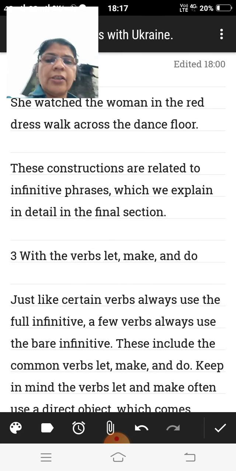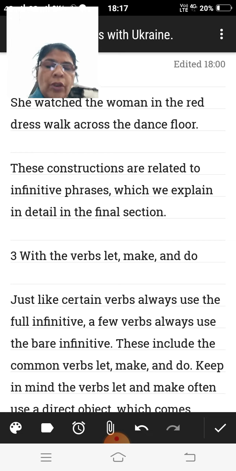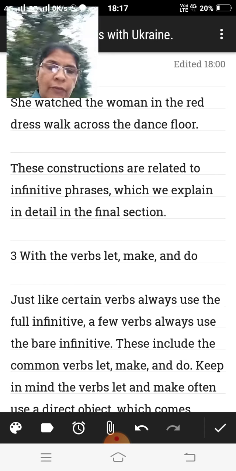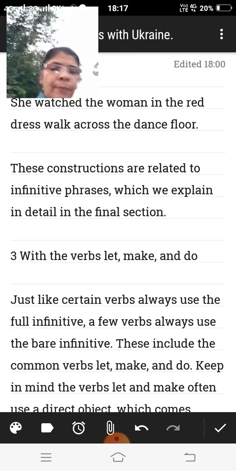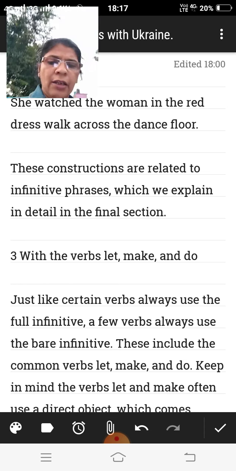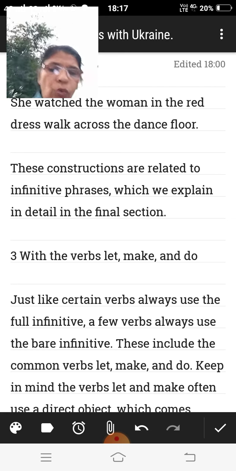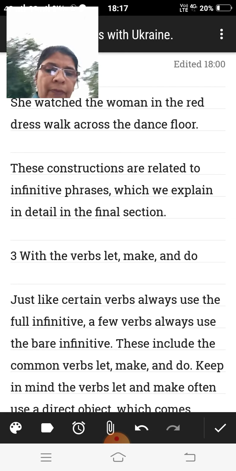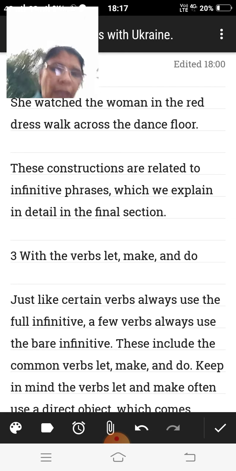With the words let, make, and do. Just like certain verbs always use the full infinitive, a few verbs always use the bare infinitive. These include the common verbs let, make, and do.